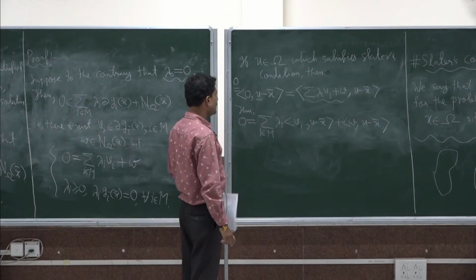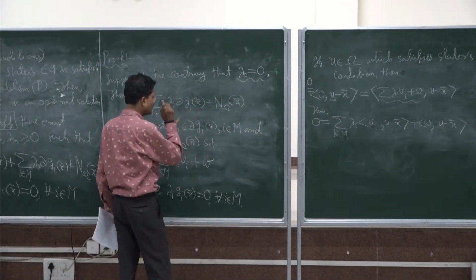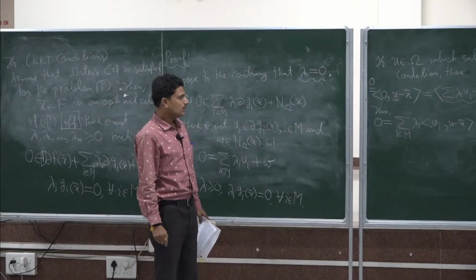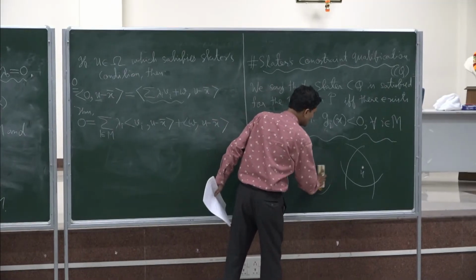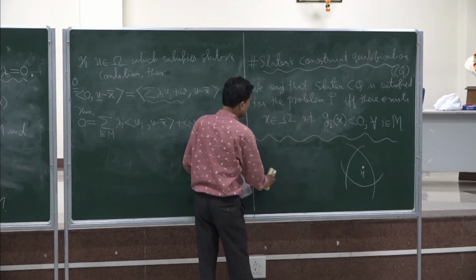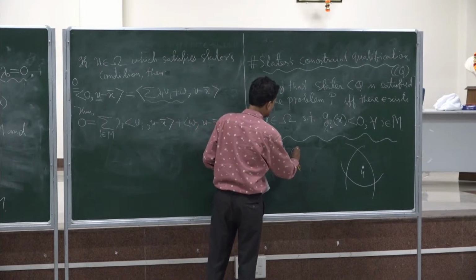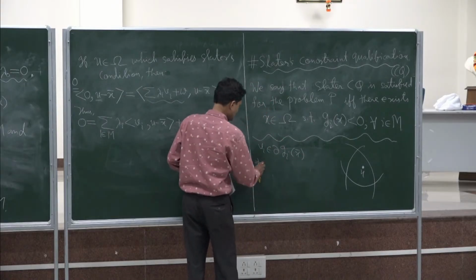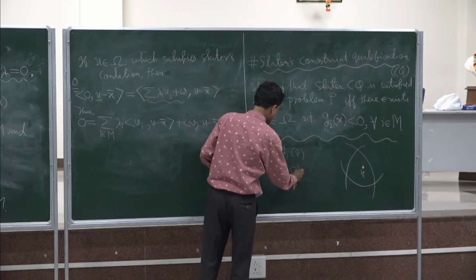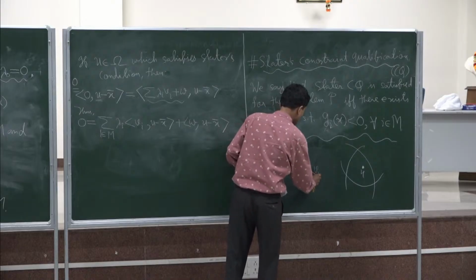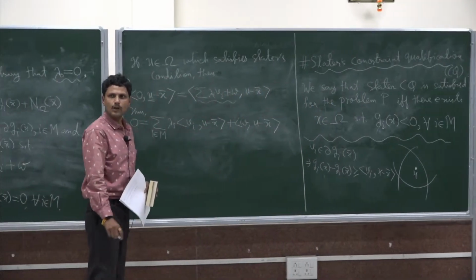Now what is vi? We know that vi belongs to the subdifferential of gi at x bar. Since vi belongs to the subdifferential of gi at x bar, that tells us gi of x minus gi of x bar is greater than or equal to vi inner product x minus x bar, for every i in m.